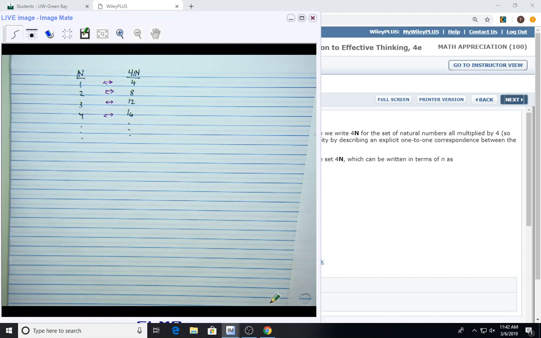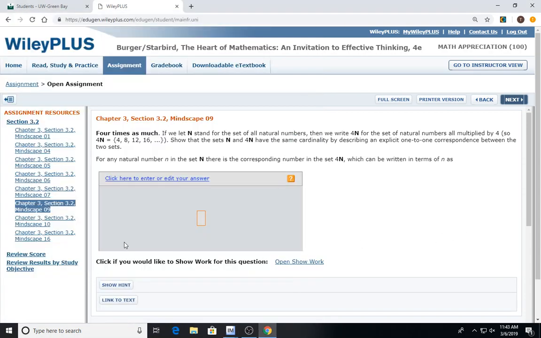But you can't use that little double arrow in the box on the Adobe Flash entry here. Instead, what I'll do is say 4n.